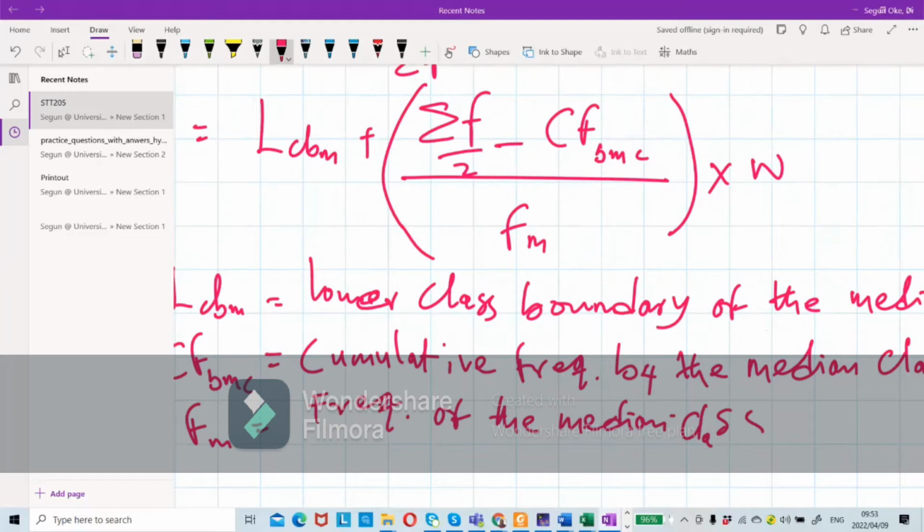Frequency of the median class. Then this is class W, width. Class width. Okay.